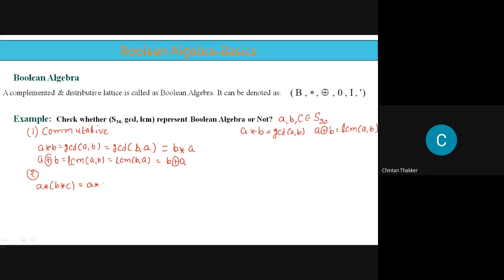B star C is the GCD of B comma C, so we have GCD of A comma GCD of B comma C. This can be written as GCD of A, B, C. If we take the GCD of A and GCD of B comma C, it is the same as the GCD of all three.